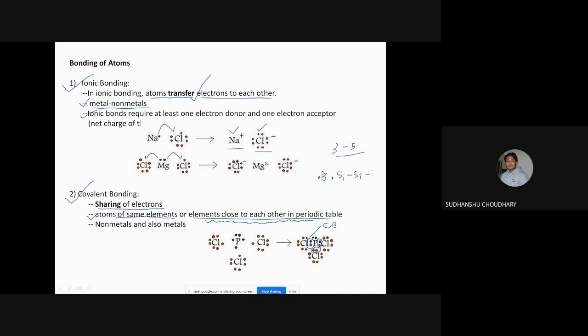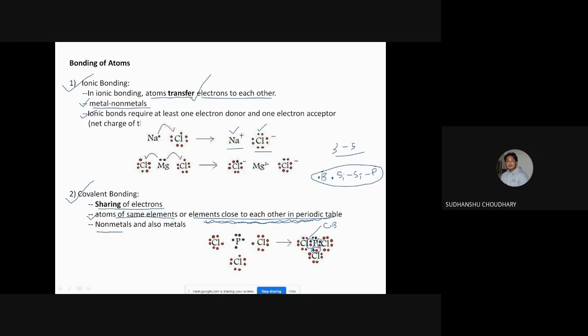Let us say phosphorus. So phosphorus has 5. Okay. So again, it is possible to share electrons between the elements of the same type or elements which are close to each other in the periodic table.